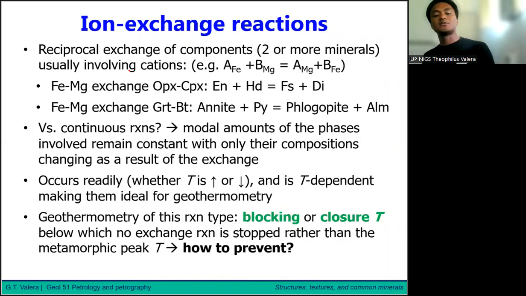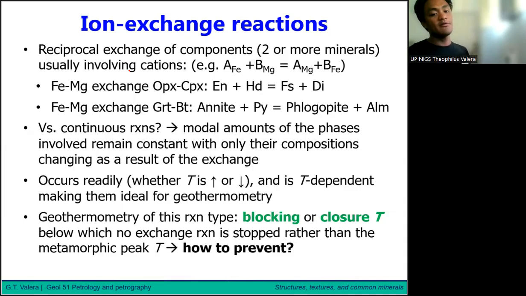For example, the reactants enstatite plus hedenbergite equals ferrosilite plus diopside. Or the iron magnesium exchange between garnet and biotite, which is annite plus pyrope, annite being the iron biotite, and pyrope being the magnesium garnet, resulting in more magnesium biotite, phlogopite, and more iron-rich garnet, almandine.